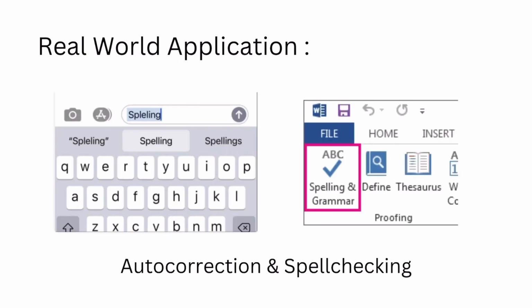And last, onto the real-world applications. We can use minimum edit distance for auto corrections and spell checking, because if we have a library of the correct spellings of words and we compare it to the user's input, we can suggest the word that has the minimum edit distance to the user so they can choose to change it or not.